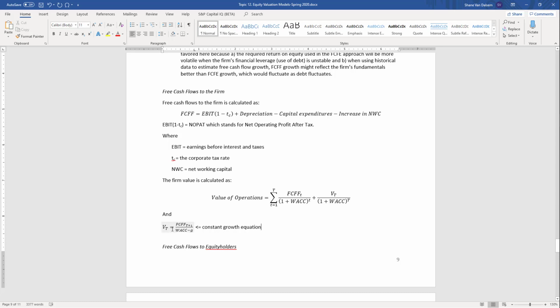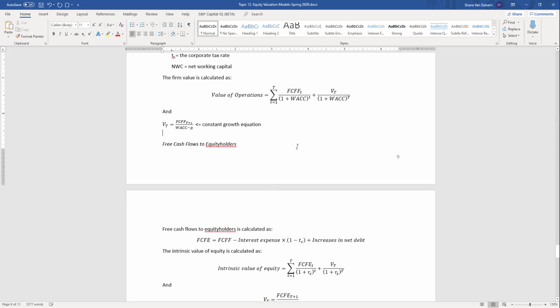We have our value at a specific point in time is equal to the next cash flow. In that case, it's the next dividend, divided by the discount rate. In this case, it's the weighted average cost of capital. For the dividend discount model, it was the required rate of return on equity minus the constant growth rate in both cases. So it's the same equation, it's the same math, it's just different cash flows and different discount rates.